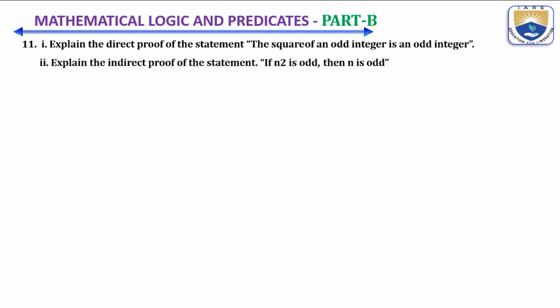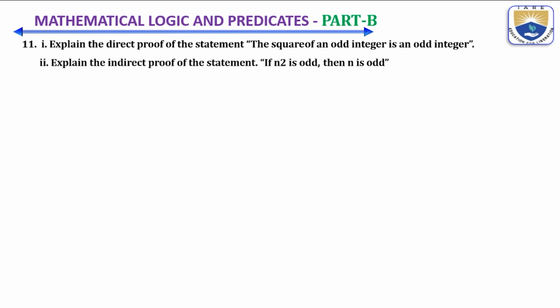Then the next one is another example. We are going to consider explaining the direct proof of the statement, the square of an odd integer is an odd integer, and the indirect proof of the statement, if n square is odd, then n is odd.